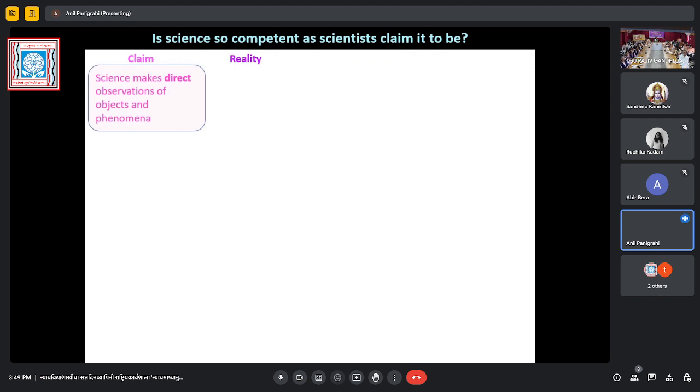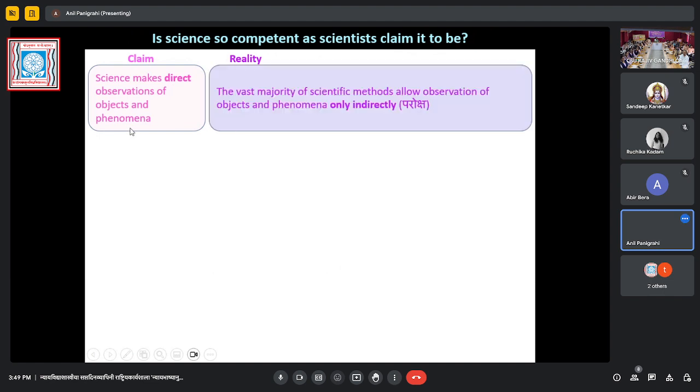The first is that science makes direct observations of objects and phenomena, but the reality is that science mostly employs paroksha, indirect approaches only, indirect observations only. The direct approaches are very minuscule.